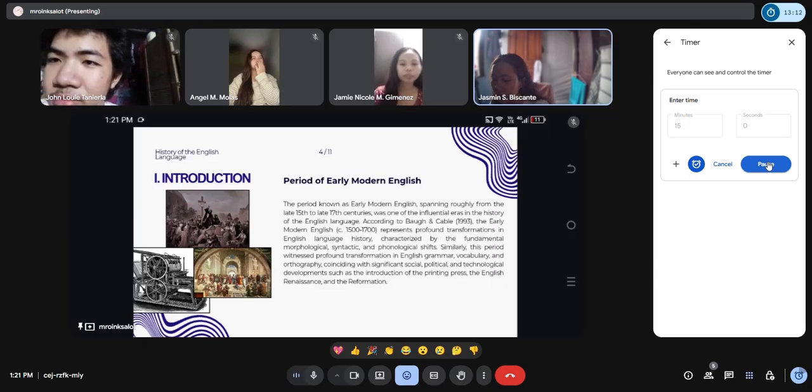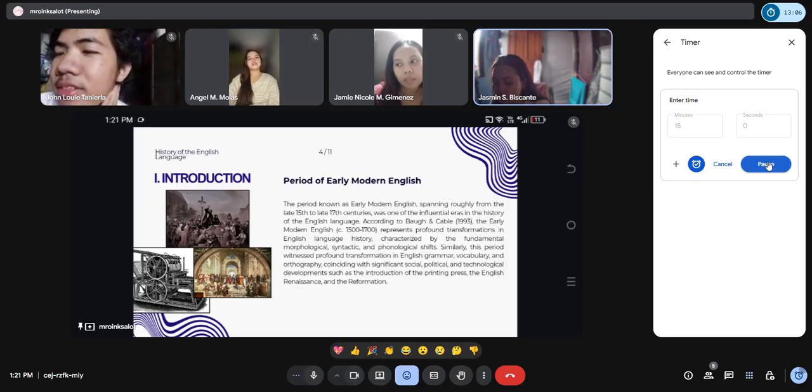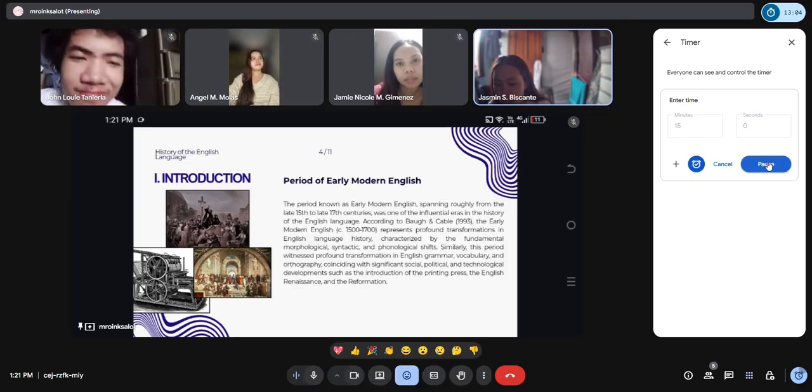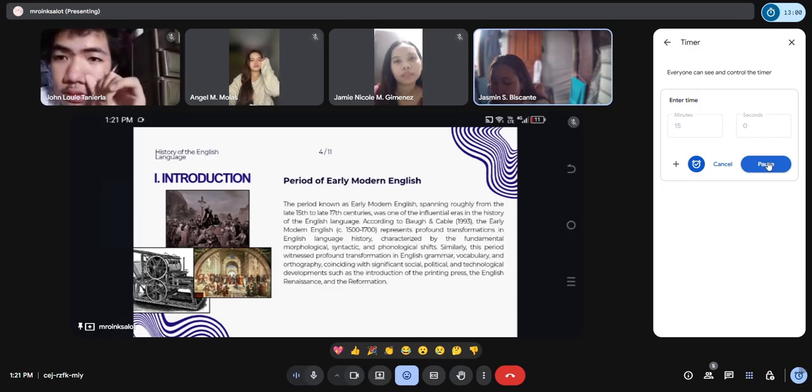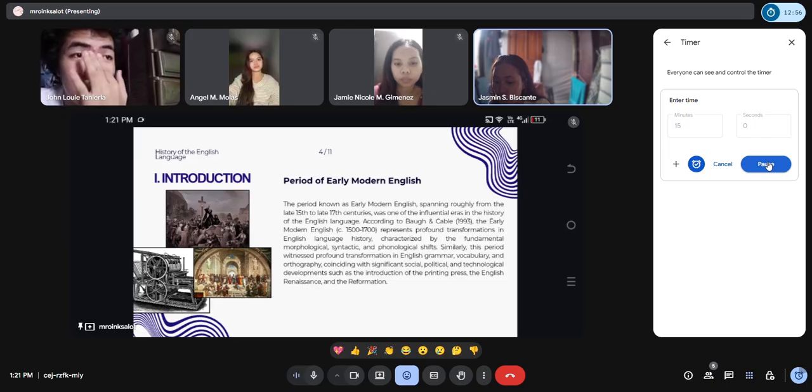One of the most notable grammatical changes of this period was the evolution of the English pronoun system, particularly the declension patterns of personal pronouns. Early English saw the evolution of personal pronouns, especially in their declension patterns. That is how pronouns changed form depending on their grammatical role.